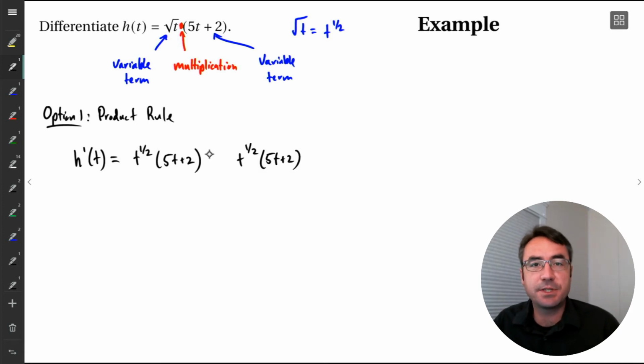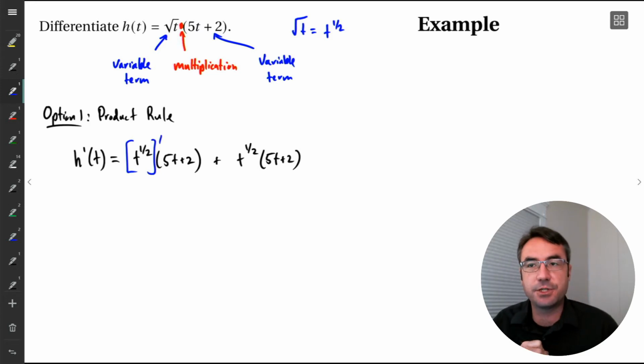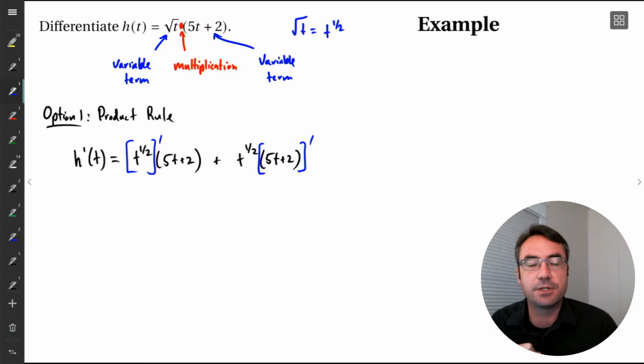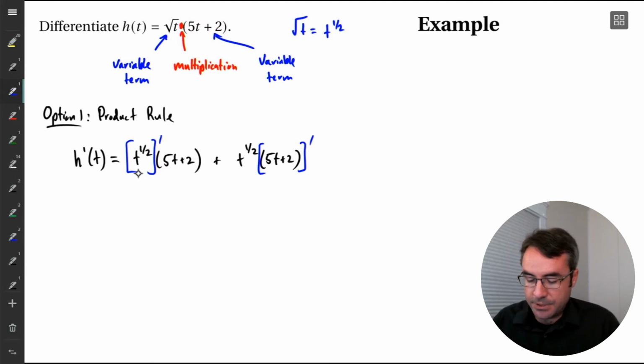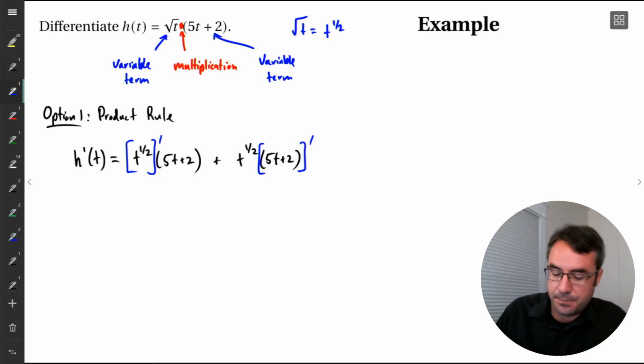So just two copies of our function. We put a plus sign in the middle. And then in the first copy, we apply the derivative to just the first function. And then in the second copy, we apply the derivative to just that second function. So that's product rule. And then we just have to finish differentiating those terms that are inside the brackets.